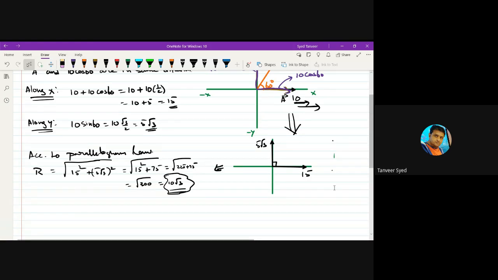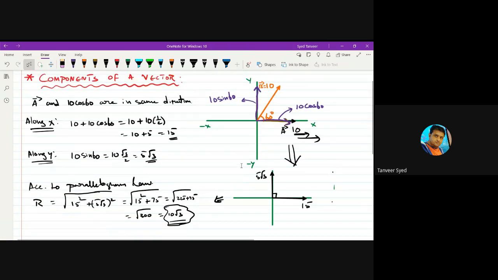If any vector is neither horizontal nor vertical, like this vector b, then it will create problems for you. To handle it, you should resolve that vector into horizontal and vertical components.